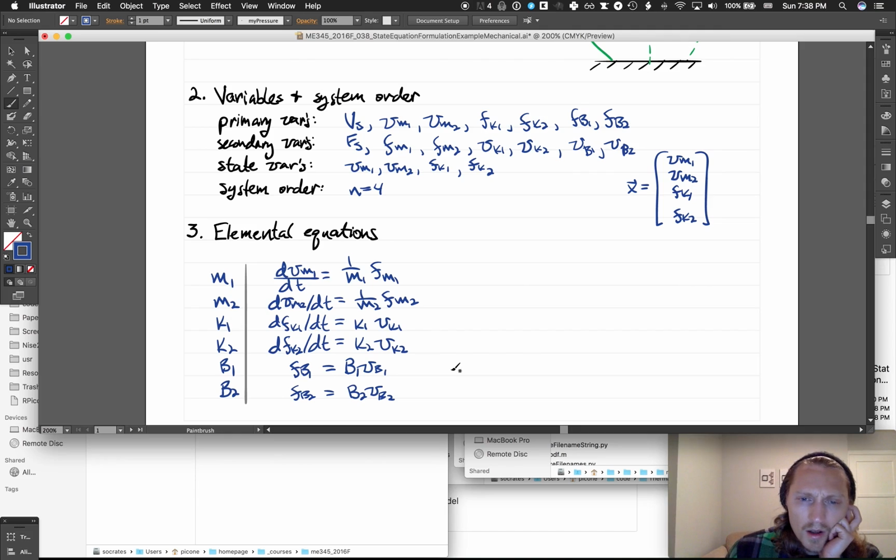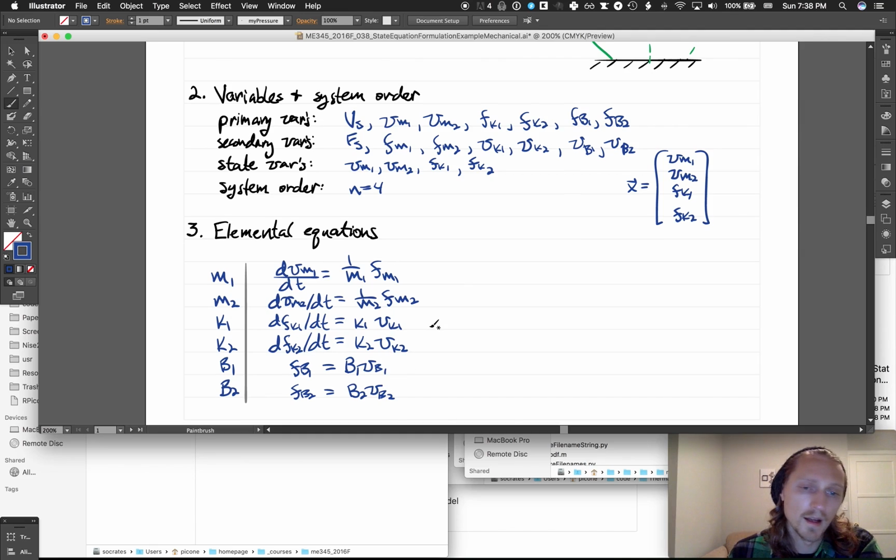And all of these are solved for the primary variable on the left-hand side. So Vm1, primary variable, Vm2, primary variable, Fk1, Fk2, Fb1, Fb2. So if they were not, we would then solve each of these so that the left-hand side had the primary, and all of our secondary variables were on the right-hand side. So it's already like that, so we don't need to do anything.